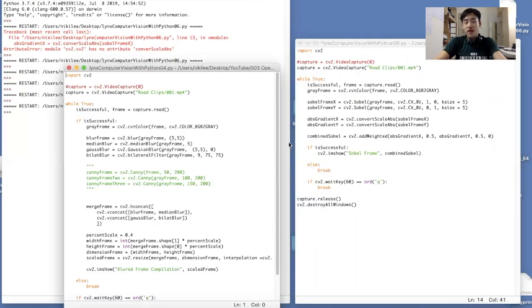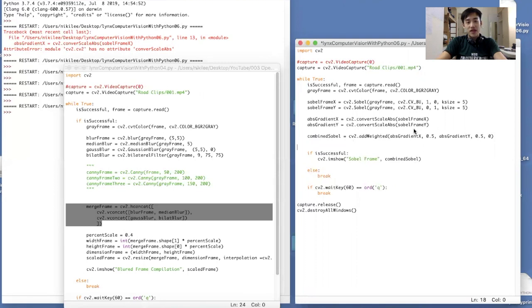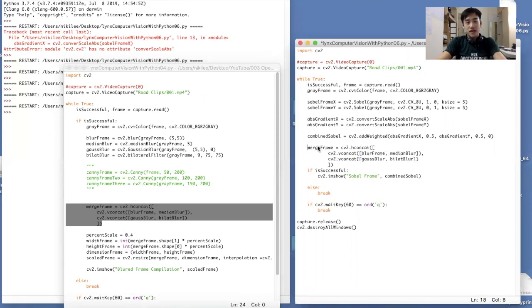Alright, so let's use some of the code that we did in the previous tutorial, which is the merge frame. So we can combine two frames together to give us something that is easy to compare just by the visuals. So we'll just do a vertical concat because we only have two frames to compare. So what we'll be using is the Sobel frame X8.